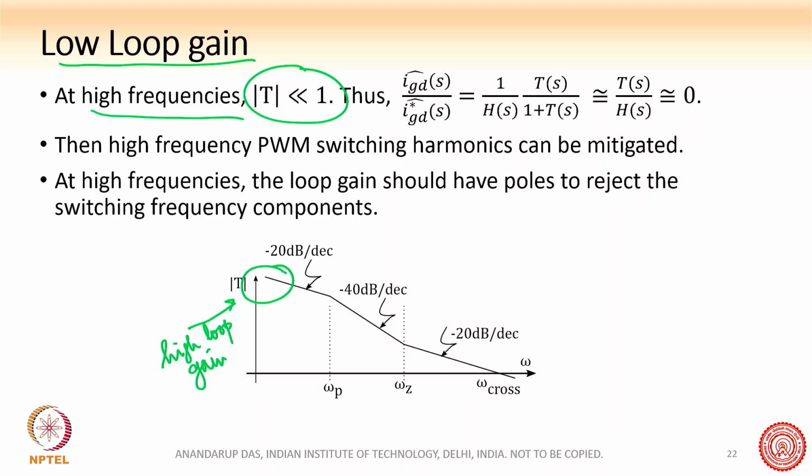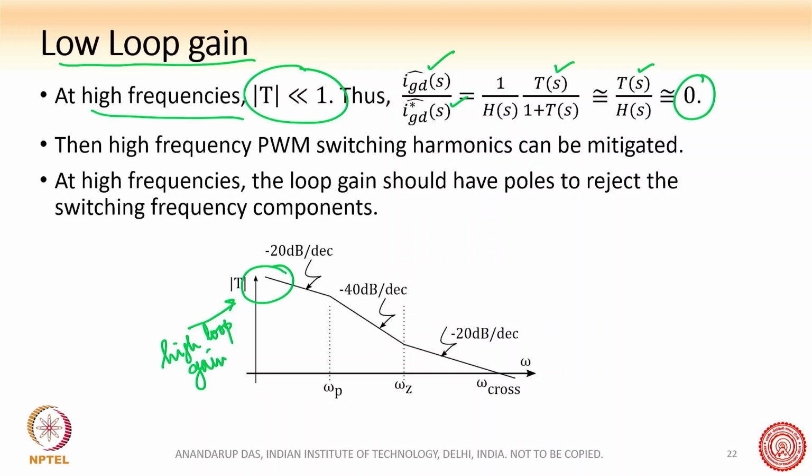And why do we want that? If the value of the loop gain is very, very small at high frequencies, then IGD by IGD star will be roughly equal to this expression, which is much, much less than 1. So this will be almost 0.